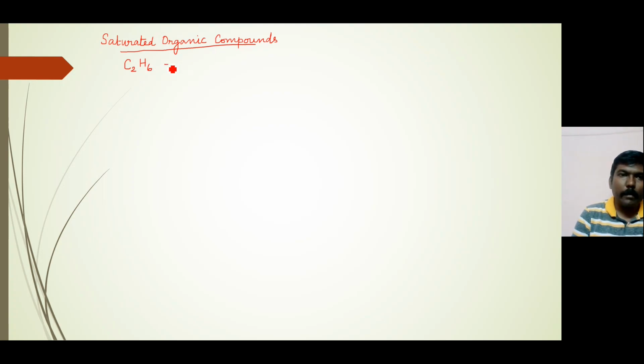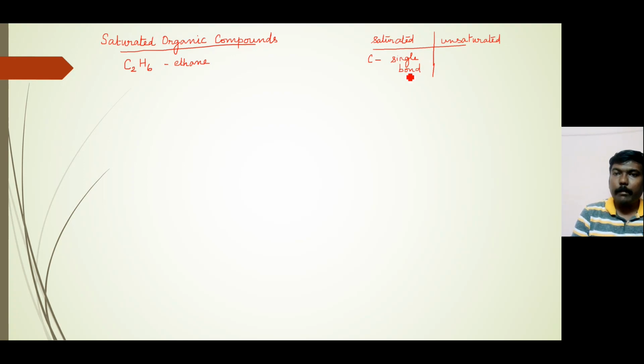So this is an organic compound. This is ethane. In the first video, we talked a little bit on that, but I think in the video it was not clear. So let us see what is a saturated compound and what is an unsaturated compound. A saturated or unsaturated hydrocarbon differs on whether the carbon is connected only with single bonds, in the chemical bonding between, say, hydrogen, chlorine, fluorine, whatever is there in the chemical.